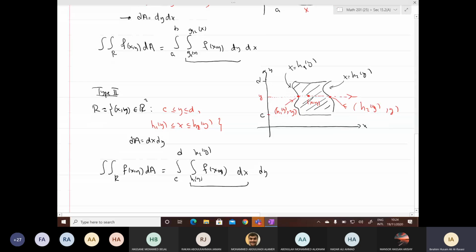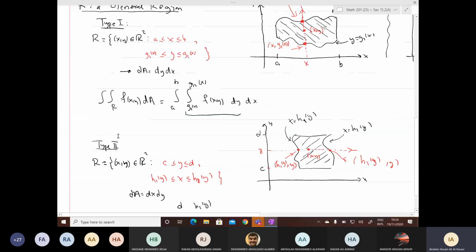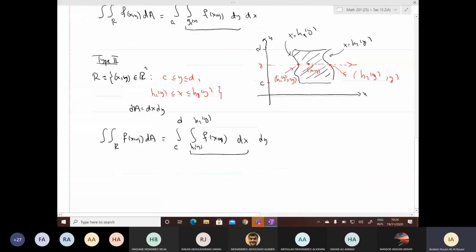They are specific. Either you take A to B, the x interval, or C to D, the y interval. The outer will be either the x interval or the y interval. You can easily find them. Make sure the outer limits are numbers. Keep this in your mind, and life becomes easy later on.